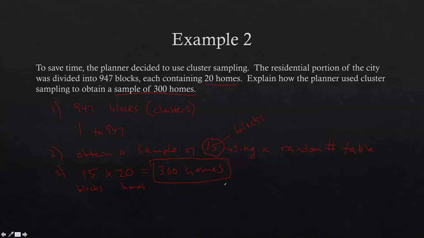It would save a massive amount of time and money, because you wouldn't have to be driving here, there, and yonder. You would be able to do a whole block, then go to another whole block. So that's the means of cluster sampling: dividing into clusters, using the clusters to help find the sample like we did there.